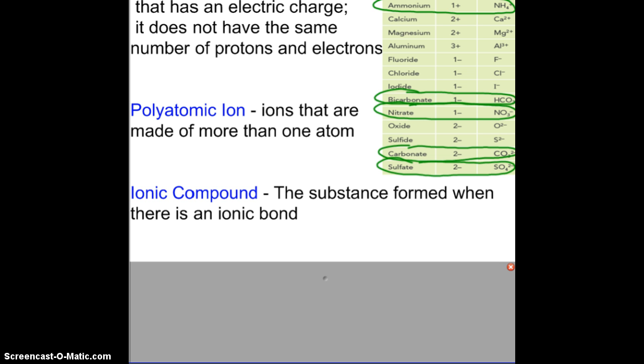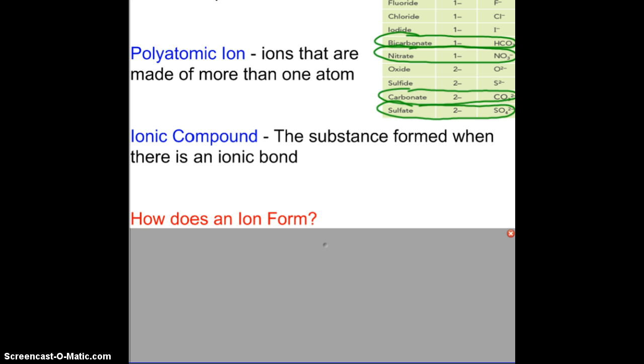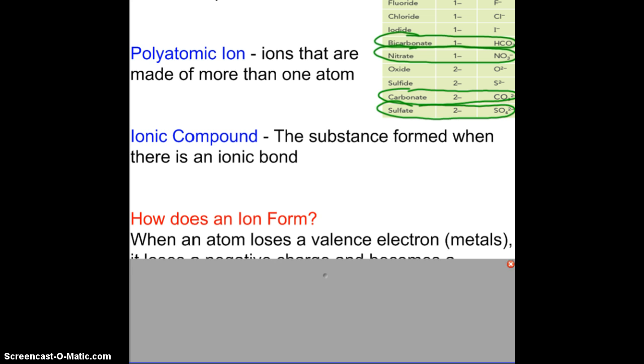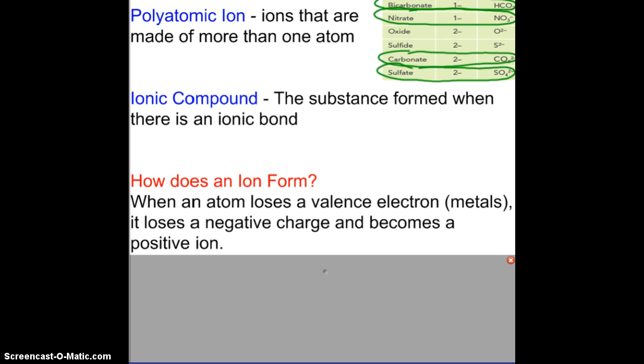There is a difference. We'll learn next lesson why you call one thing an ionic compound and another thing a molecule. Okay, let's see how good your memories were. How do you form an ion? What's the key part? Lose or gain electrons. And metals, what do they like to do? They like to lose. So how do you form an ion?